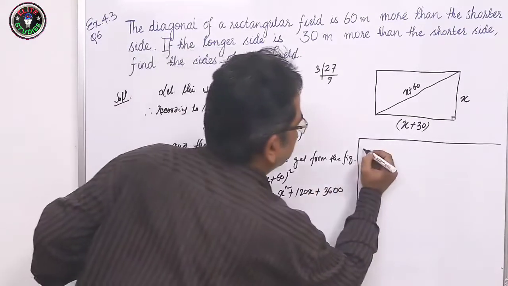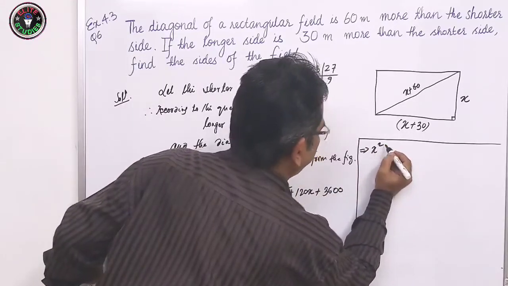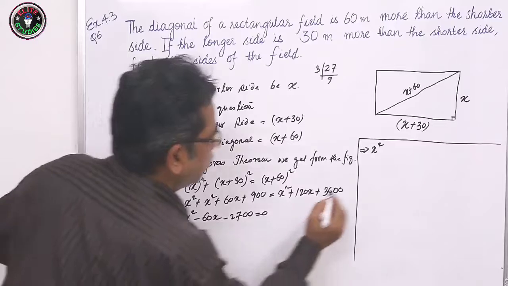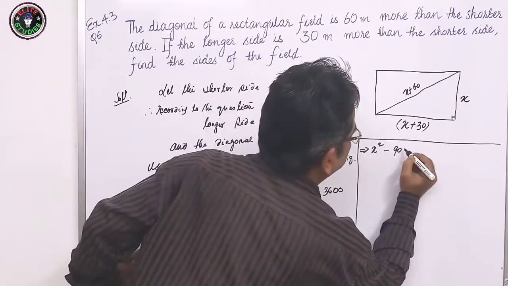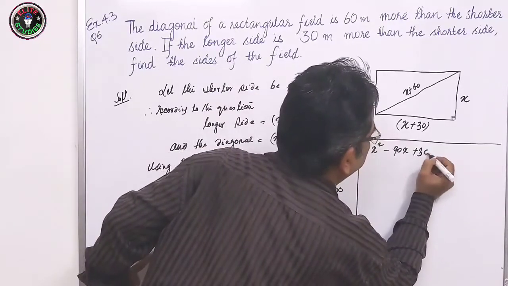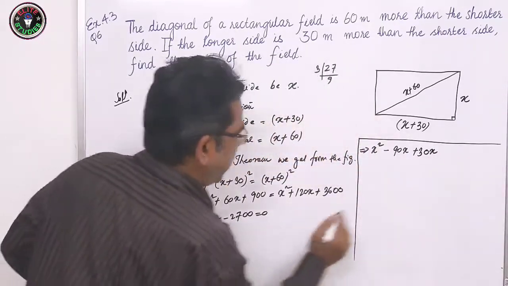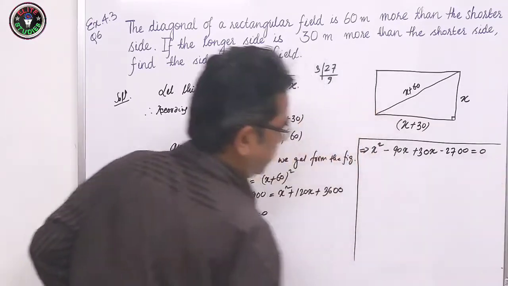So we can write x square minus 60x as minus 90x plus 30x minus 2700 is equal to 0.